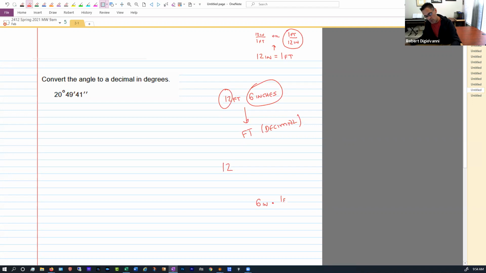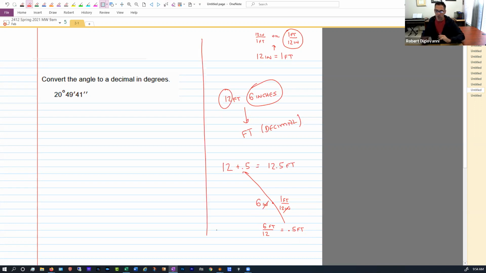So I multiply by 1 foot over 12 inches, and the inches cancel. What I get is 6 feet over 12, and 6 divided by 12 is 0.5. So 0.5 feet, and I add that to this. That gives me 12.5 feet.